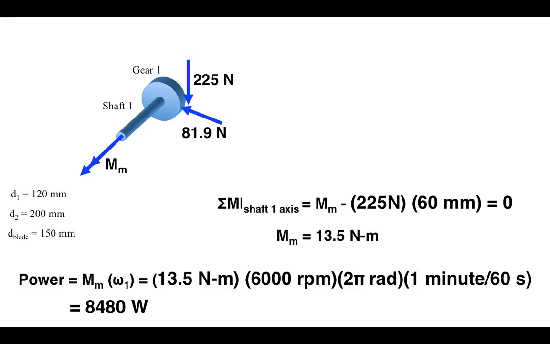The power is the product of the torque and the angular speed. We have to convert the angular speed from RPM into radians per second because the standard unit of power in the Newton meter second system is watts, which is Newton meter per second, and so we can't use RPM, we have to use radians per second, and so we can find the power.